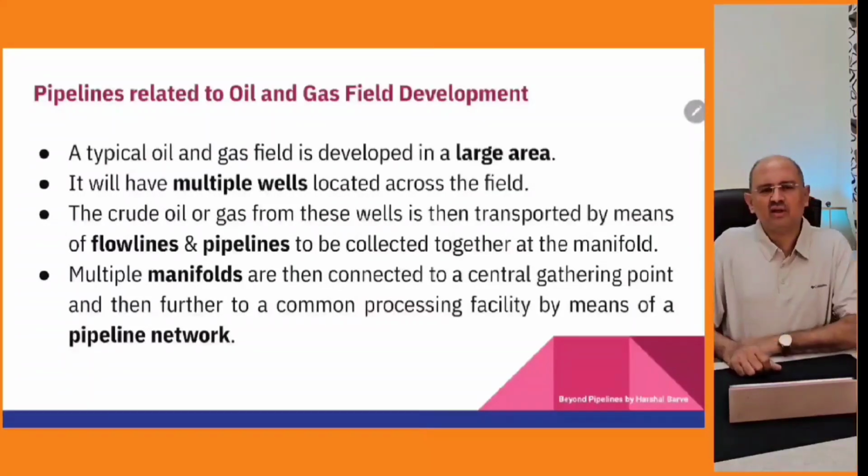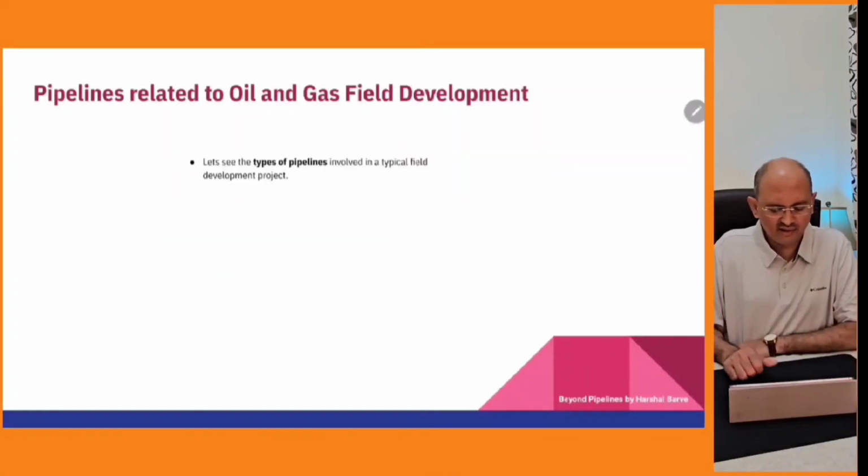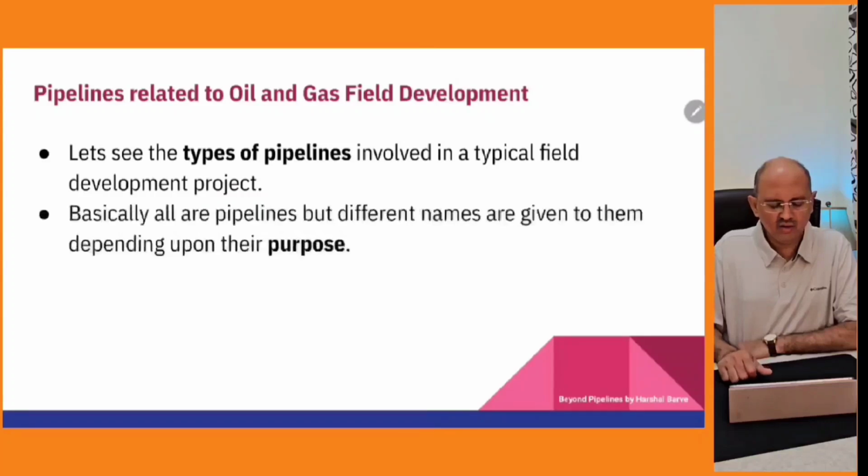So we will now see a typical exploration field pipeline network diagram, which is called a schematic. In that schematic, I have explained all the types of lines we are going to talk about.